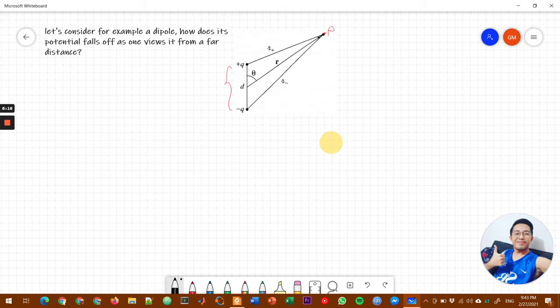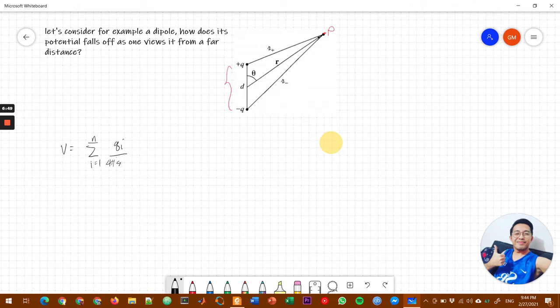So for this case, we can solve for the potential of this system. The potential is given by the familiar formula, Qi over 4 pi epsilon naught Ri.